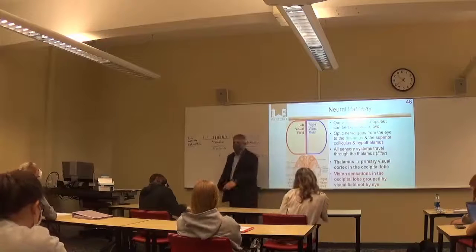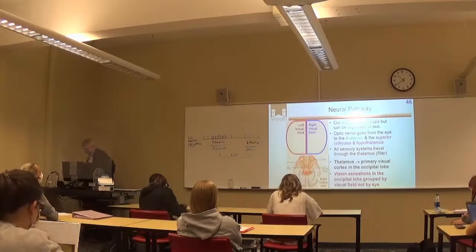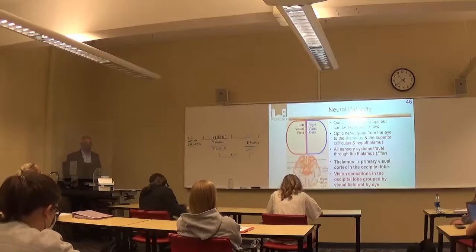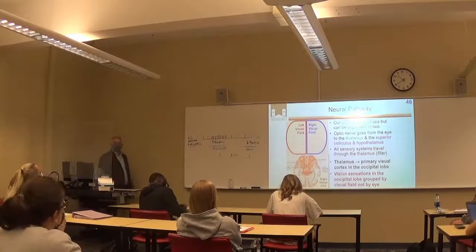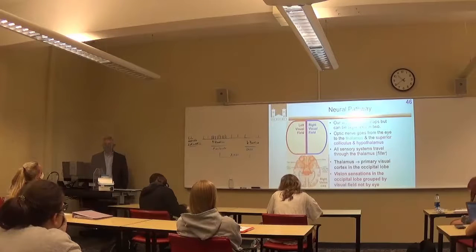Now, why would we send light to the hypothalamus? What does the hypothalamus do? In general, what kinds of things does the hypothalamus do? Homeostasis, right? Homeostasis types of things. So do any of our homeostasis systems benefit from light? Which one?